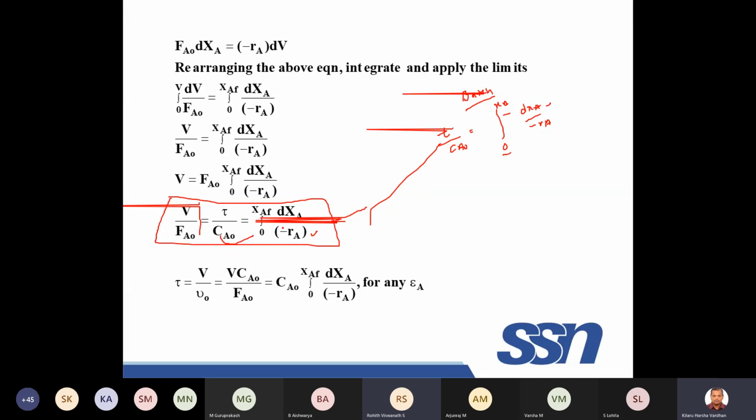Good. If we have a PFR of very high length, nearly infinite length, it acts as a batch reactor. Why is it like that? The answer is absolutely correct. But why? How can you tell that? I just want your view because I am thinking something.